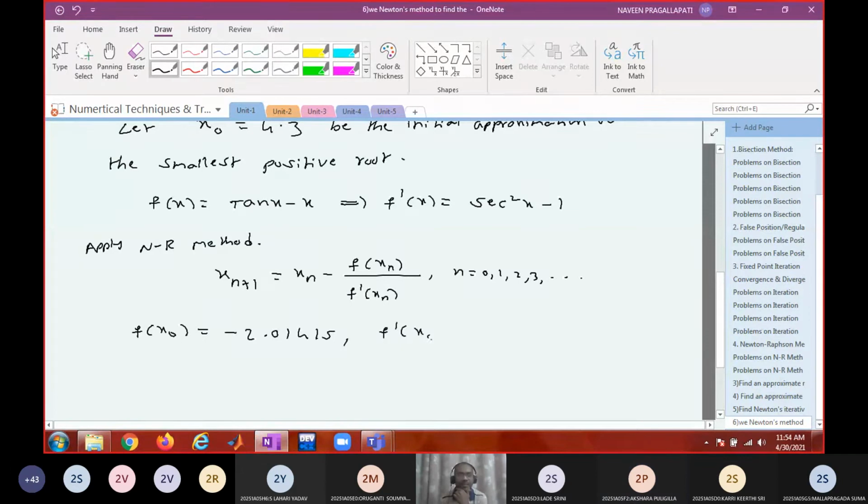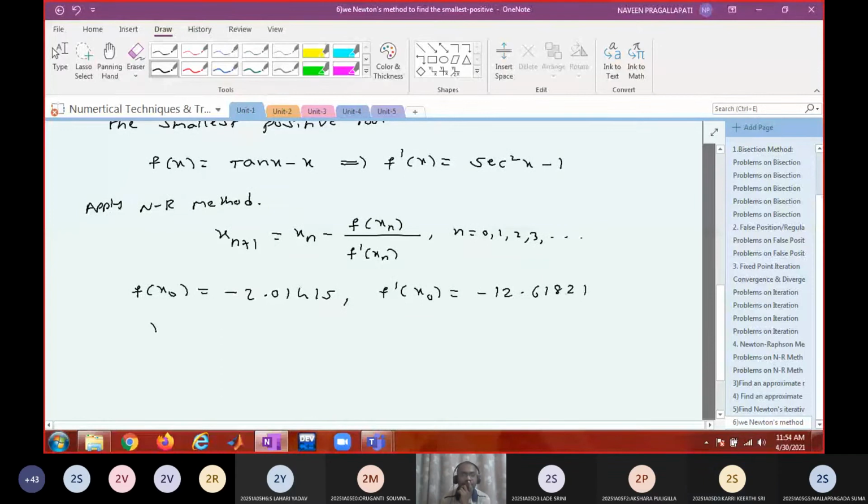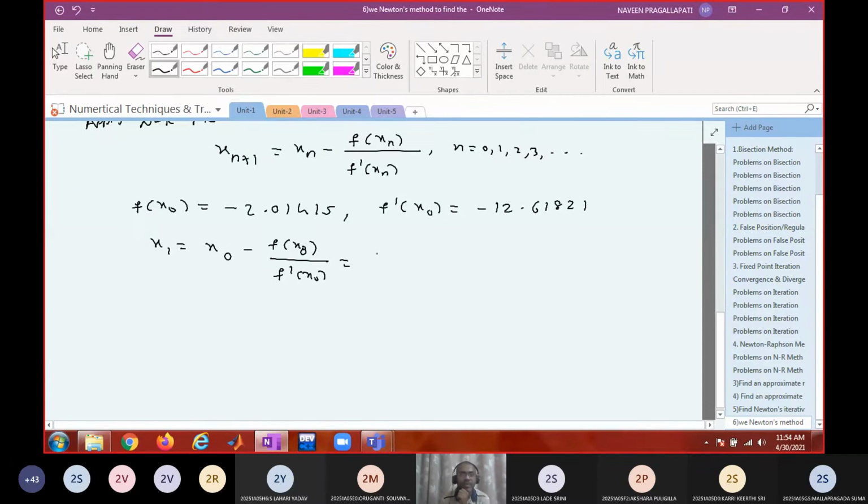Yes, sir. Okay, f dash of x naught is 12.61821. Then f of x naught by f dash of x naught, and x1 is equal to 4.3 minus that value.